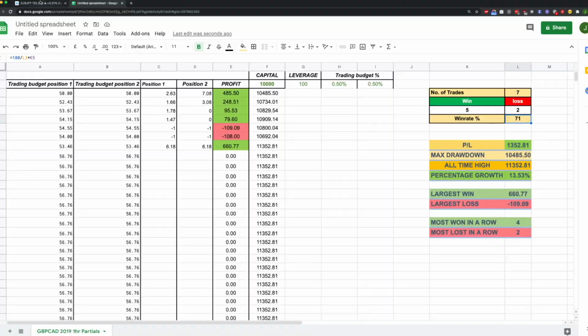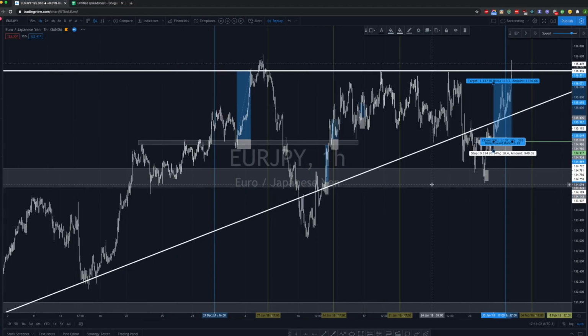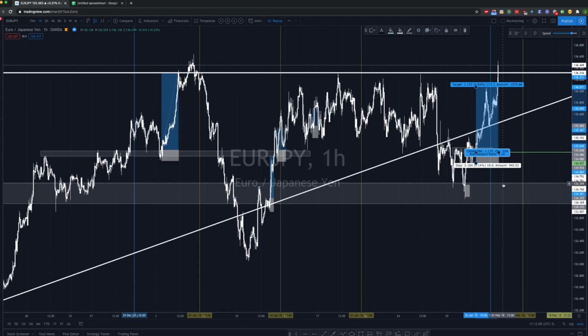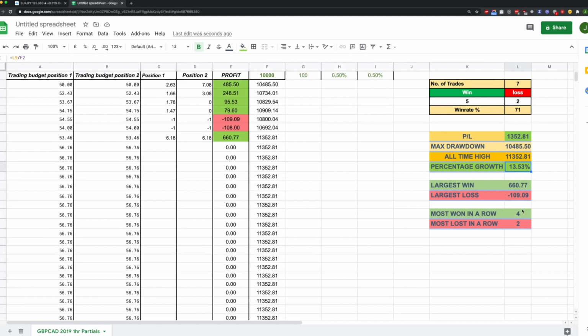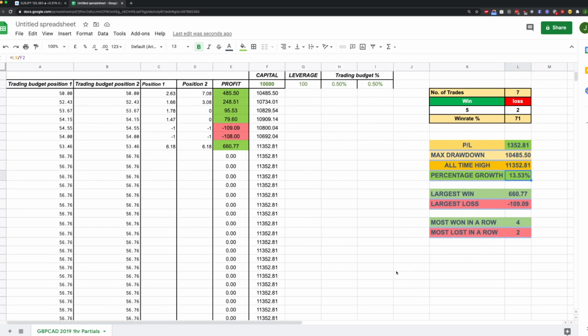So for that month on EURJPY alone, we started the month here, ended the month here, right? So for that month we did, what was it, 13%. So we had 71% win rate, win 5, loss 2, 13.5% growth or return on investment by risking 1%. So for me, I'm happy with that.